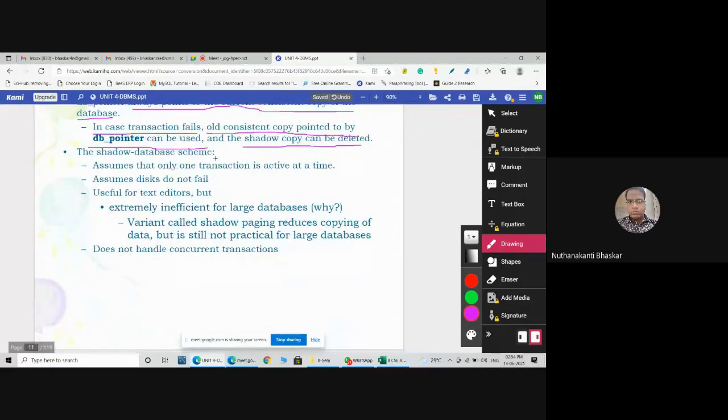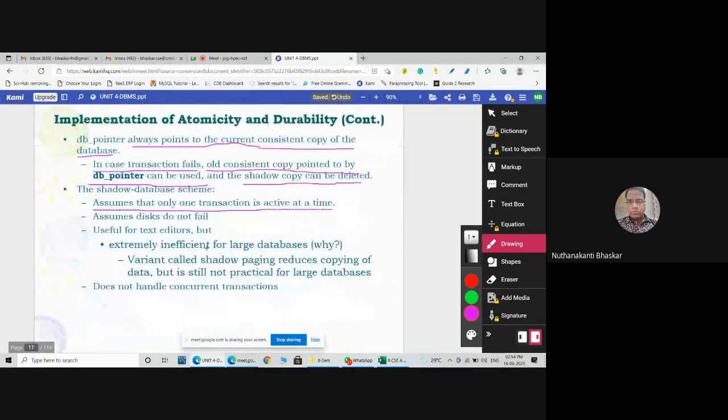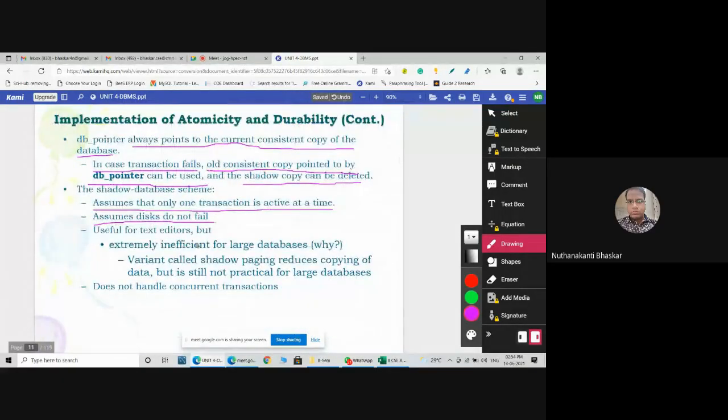The shadow database scheme assumes that only one transaction is active at a time, because the database pointer always points to only one shadow copy. Assume disks do not fail. That is what it does not handle. Already I told you, it is extremely inefficient for large databases.